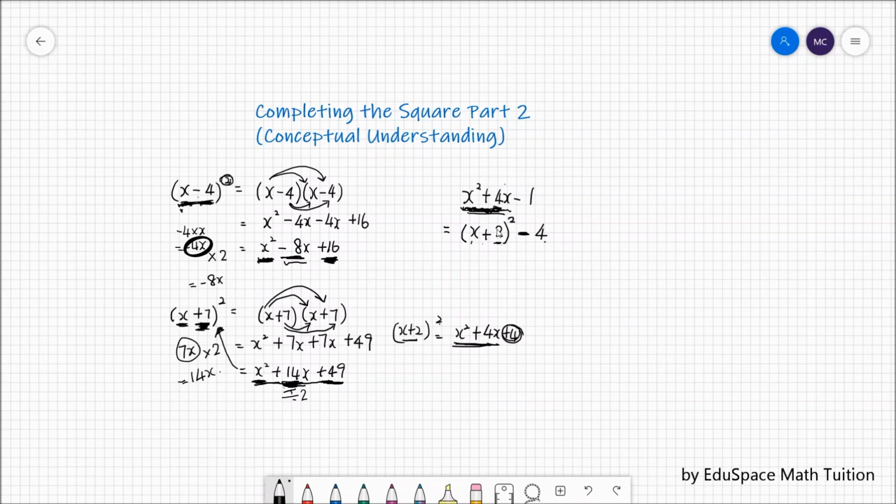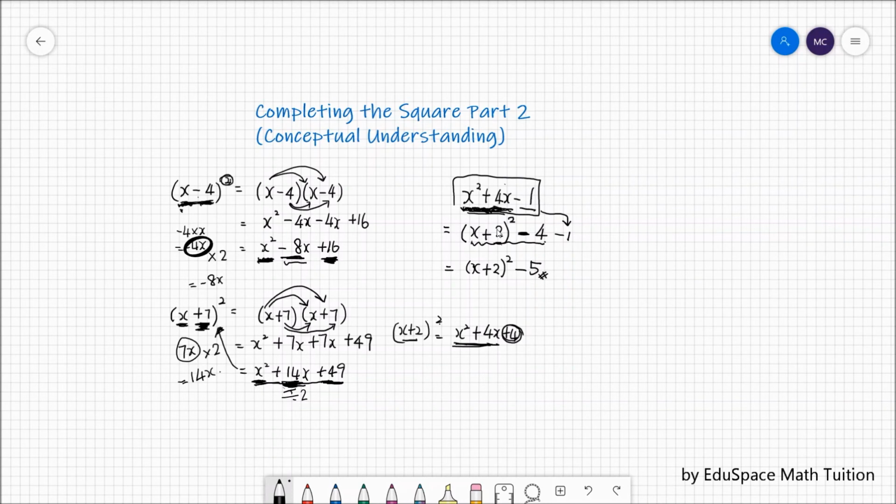So this whole thing represents my x squared plus 4x. And finally, because I need to make sure my function at the top is still the same as my expression here, I need to drag down my negative 1. After simplification, it will give us x plus 2 squared minus 5. So this is our completing the square form.